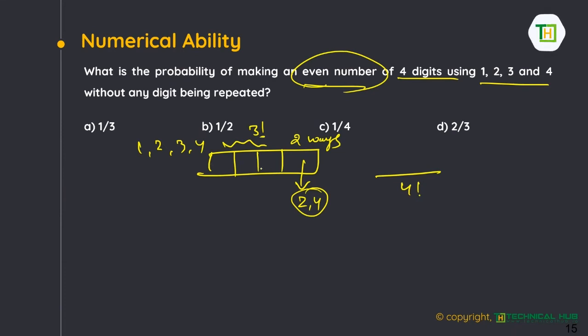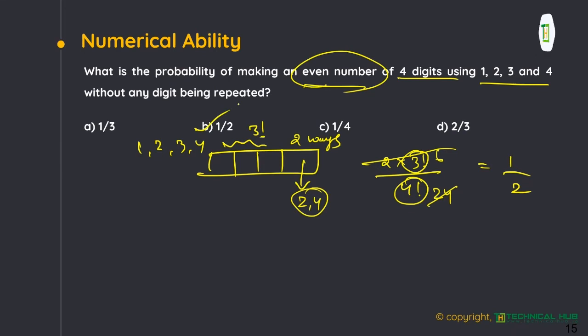These 3 places are filled in 3 factorial ways, and the units place has only 2 possible cases. Therefore, 2 into 3 factorial. 3 factorial value is 6 and 4 factorial is 24. Here it is 12 by 24, that is 1 by 2. Option B. Option B is the right answer.